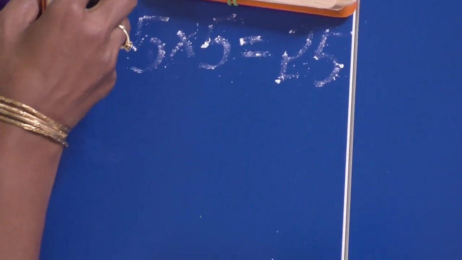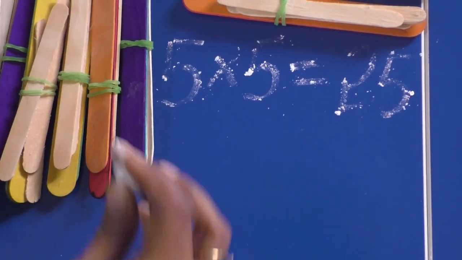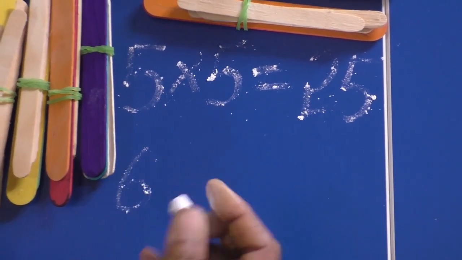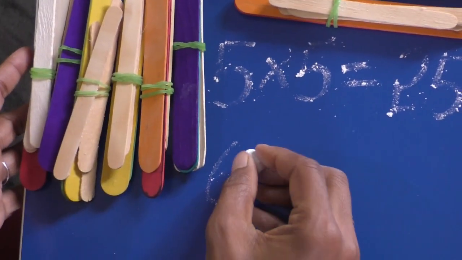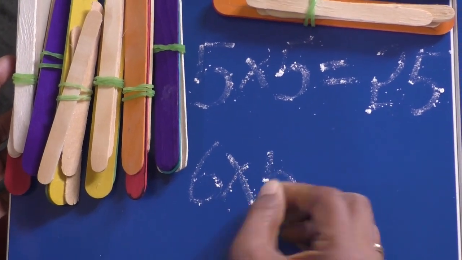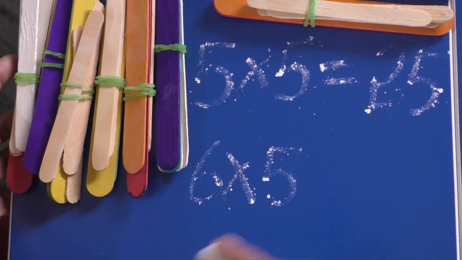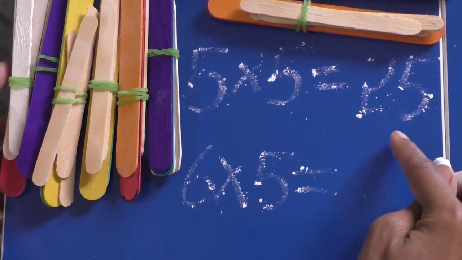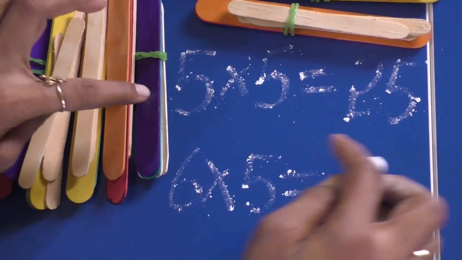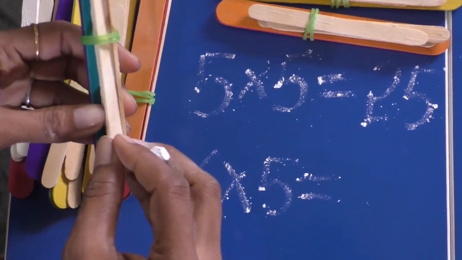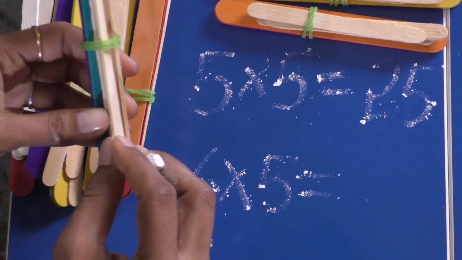After 5, 6. So what will you write here after 5? 6, because 6 groups are there. And in each group we have 5 sticks. So 6 into 5. 5 into 5 was 25. So next we are adding one more group, that is one more bunch of 5 sticks.